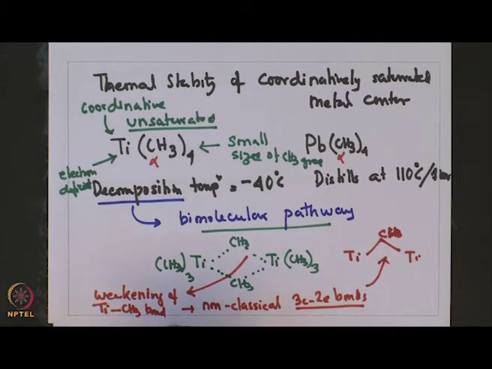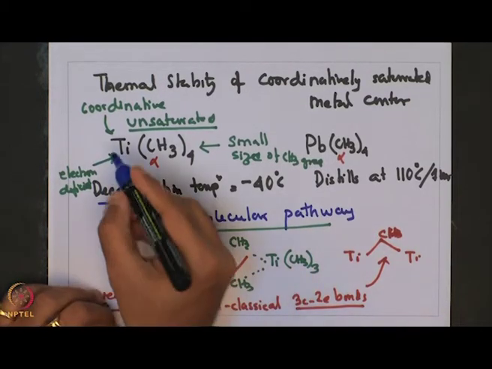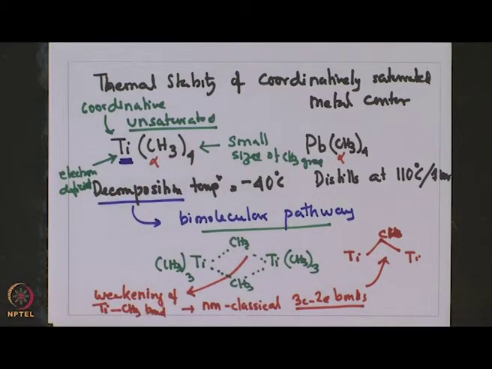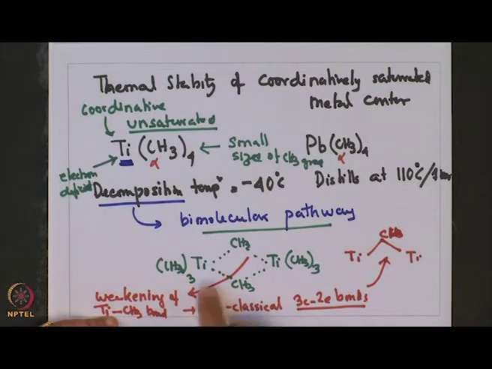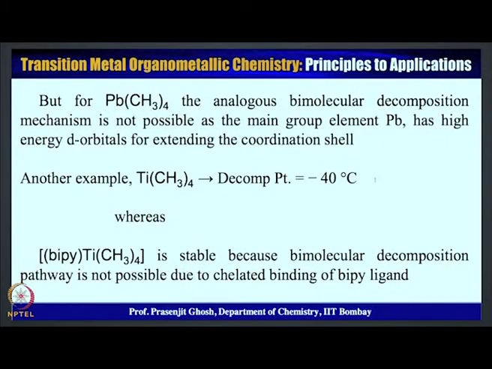So, what is very interesting is that for an electron deficient element like titanium, if it remains coordinatively unsaturated, then it can interact with the titanium methyl bond of a neighboring titanium tetramethyl compound, thereby weakening it and resulting in decomposition of the compound. Whereas in lead, an electron rich main group element, such a bimolecular decomposition pathway is not possible.